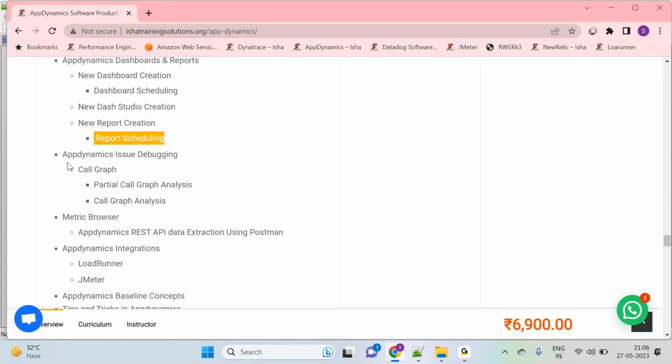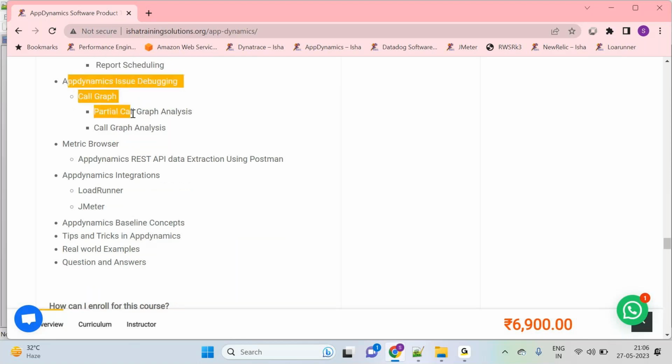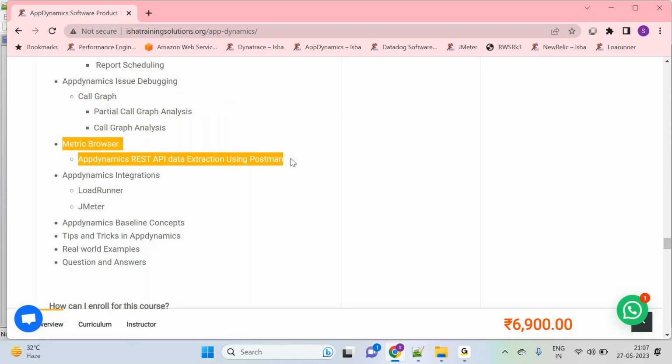And then, as I told you, issue debugging. Every interview people will ask this question, so that also we are going to discuss. Call graph, like that. And there is an option available in AppDynamics called metric browser, that also we are going to discuss.